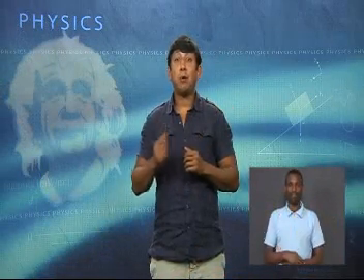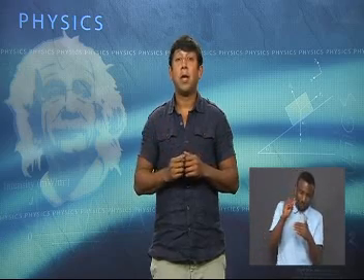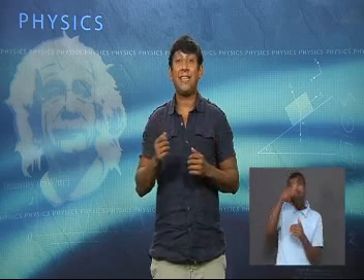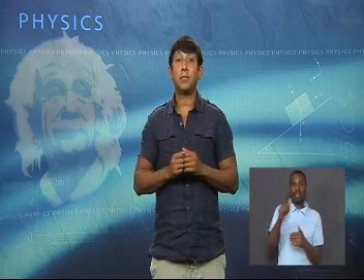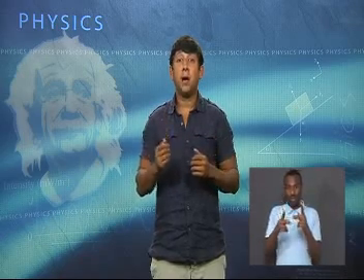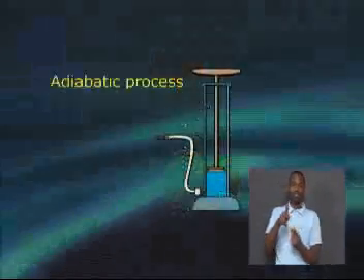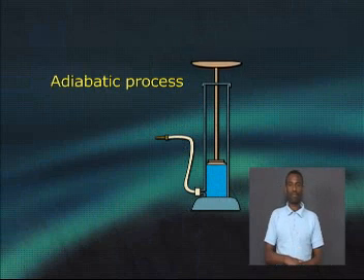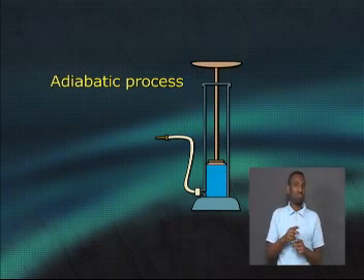An adiabatic process involves no energy transfer into or out of a system as a result of heating. Thus, adiabatic processes occur because of changes in pressure. Adiabatic processes are quite common.